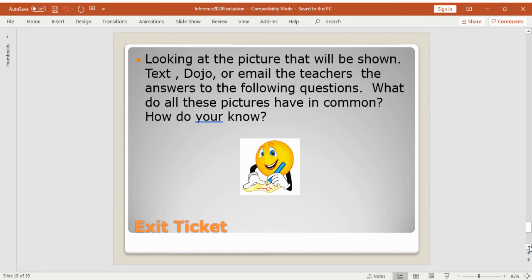What do all these pictures have in common, and how do you know? Now let's go back. What are you going to do? You're going to look at the picture. You're going to think, what do they all have in common? And you're going to tell how you know it. Once you know this, you're going to send it to your teacher either by text, Dojo, or email.